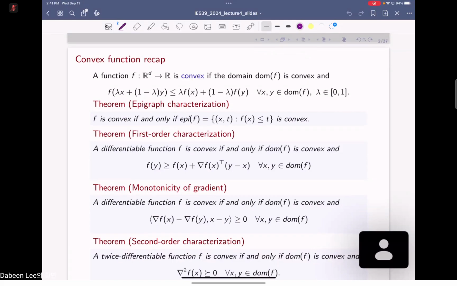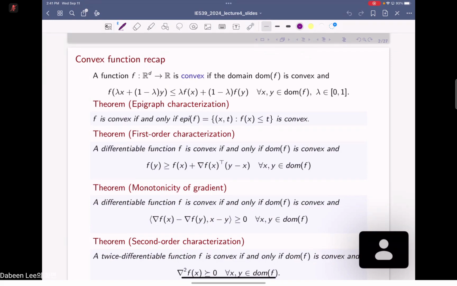Okay? And we talked about three characterizations. The first one is basically: you pick a point and you draw a linear function that is tangent to your given function. If that gives you a lower bound, then your function is convex.